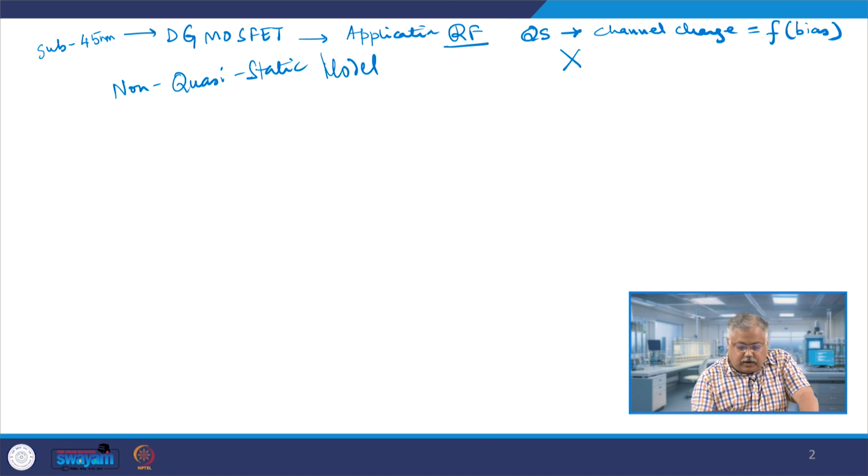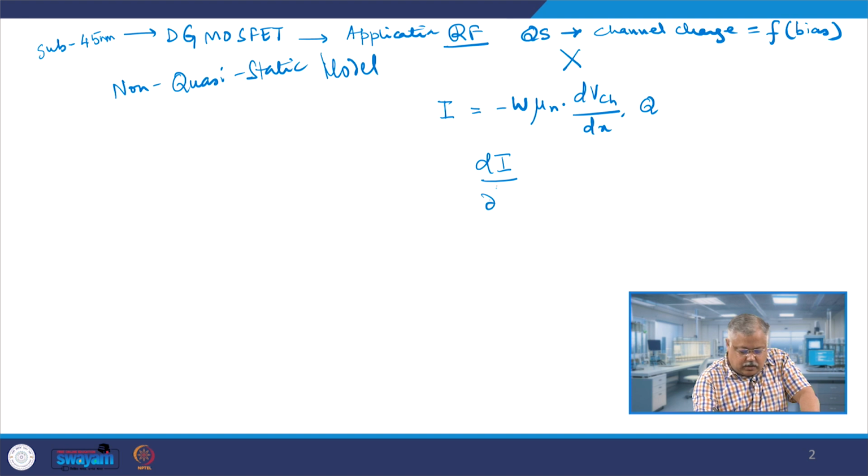So, if you find out the current flowing through a bulk MOSFET, it is given as mu n into W into Qi into dVch/dx, right, and therefore I can write down dI/dx can be written as W dQi/dt.